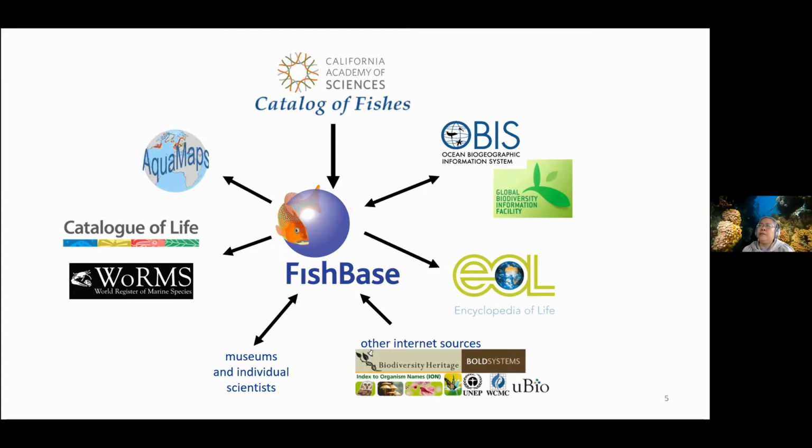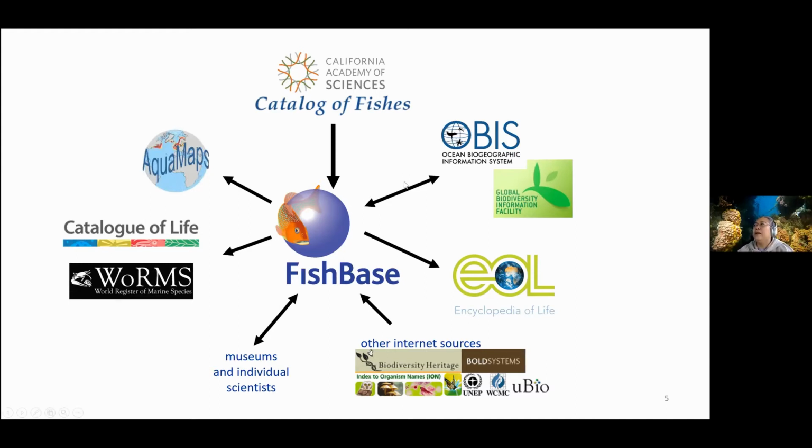But the most important thing is that FishBase gets new species that are being reported in the Catalog of Fishes. So what FishBase does is it's getting everything that it can from the Catalog of Fishes to improve the taxonomy of fish.